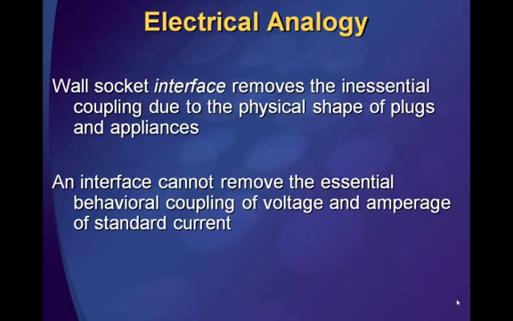So long as the plug matches the way the wall socket is physically constructed, it doesn't matter how big the plug is, how long the wire, or what the appliance looks like. On the other hand, this interface cannot remove the essential behavioral coupling of voltage and amperage of the standard current, because that is what the appliance actually depends on.